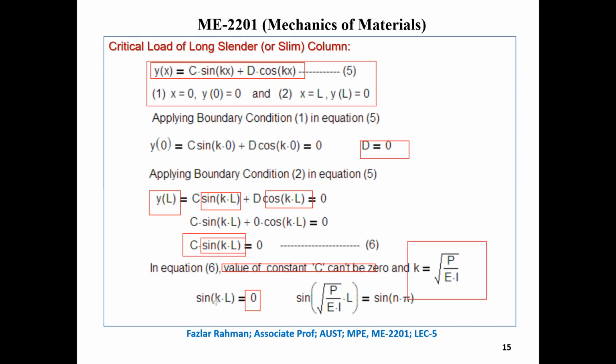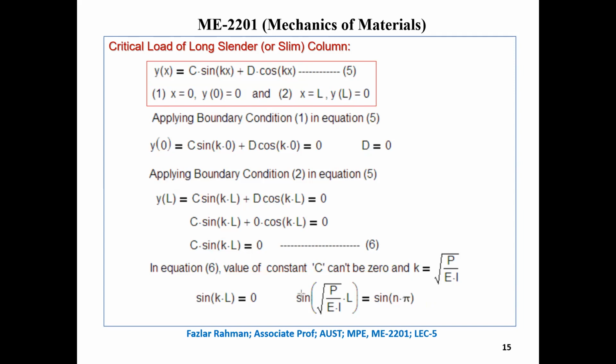So though sine kL equal to sine 0 is accurate, we cannot apply it in this equation. So we will think sine kL equal to sine n pi. That means n value can vary from 1, not from 0. If n equal to 1, then the angle will be 180 degree. N equal to 2, 360 degree. So gradually it increments by 180 degree.